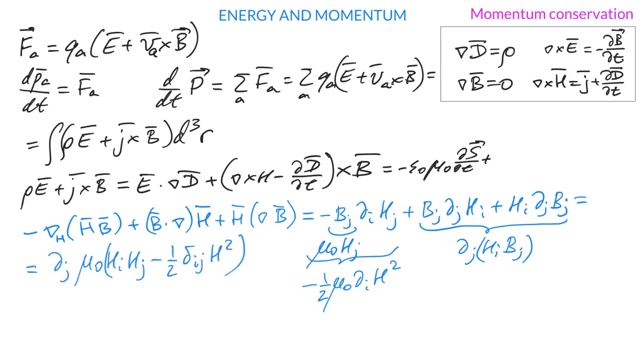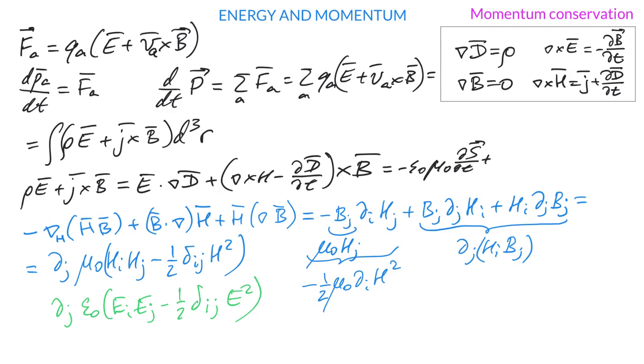Now the other three terms with E and D fields will give a similar expression, and there we'll have del j, epsilon naught Ei Ej minus 1/2 delta ij E squared.